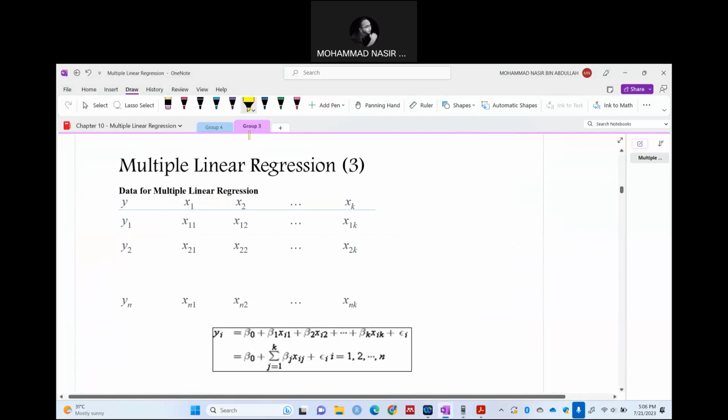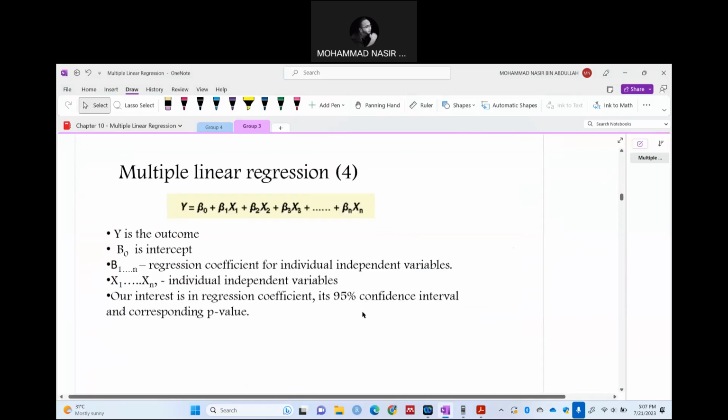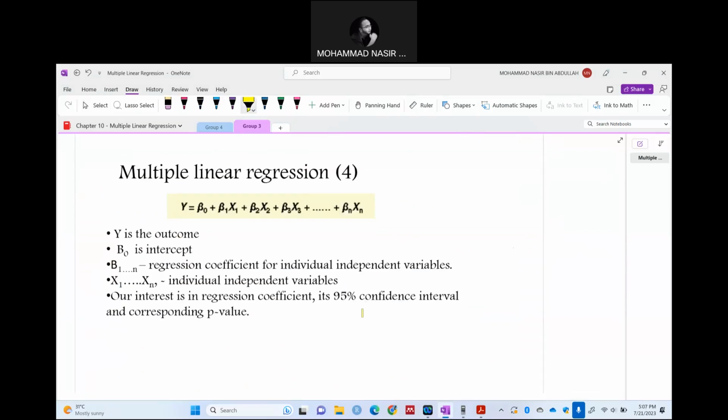This is a repeated thing. Let's say we have data y, the dependent variable, and x1, x2 until xk. The regression equation will be like this, until beta k xk. Y represents the dependent variable. Beta naught is the intercept. Beta 1 until beta n are the regression coefficients of the individual independent variables.